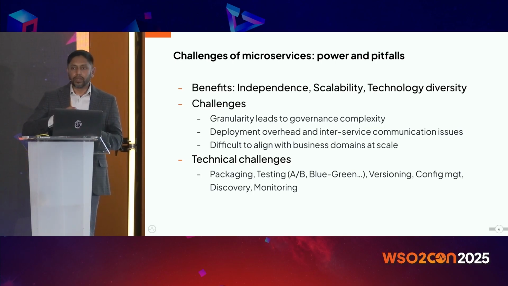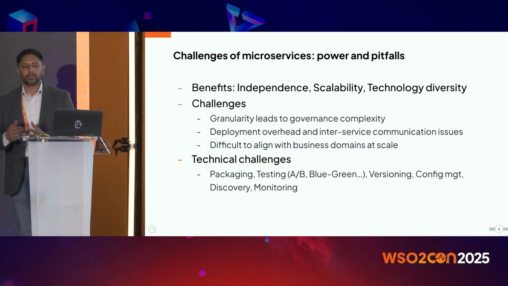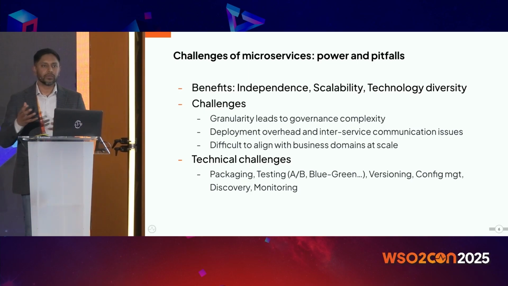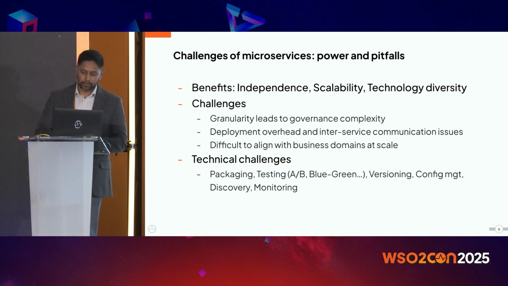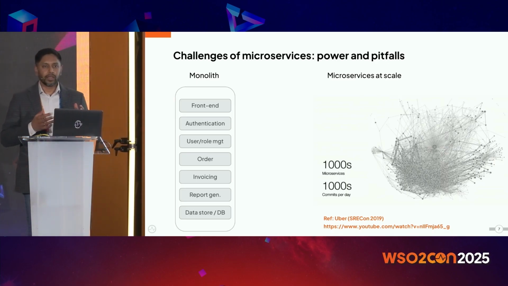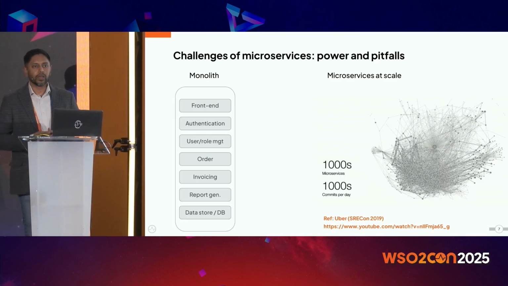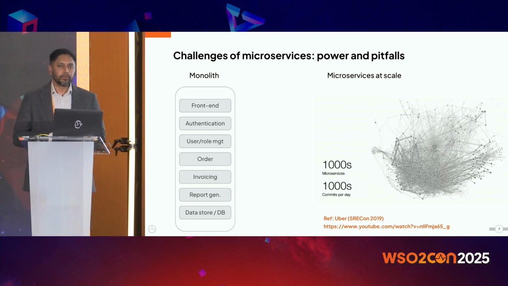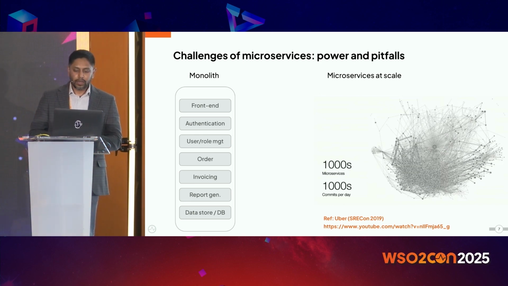And when you have a sprawl of services, it's difficult to align that with the business goals. So from one end, you have a clean monolithic program, and on the other end, when microservices start scaling, that becomes completely unmanageable.